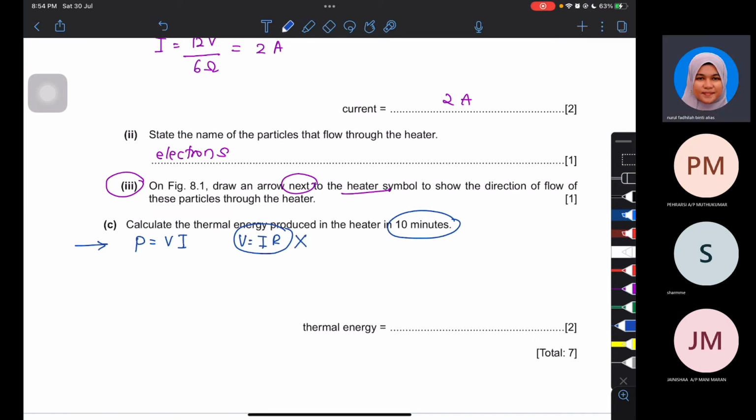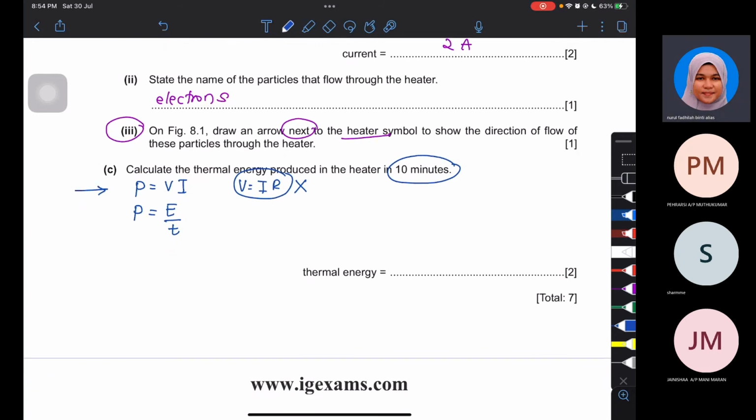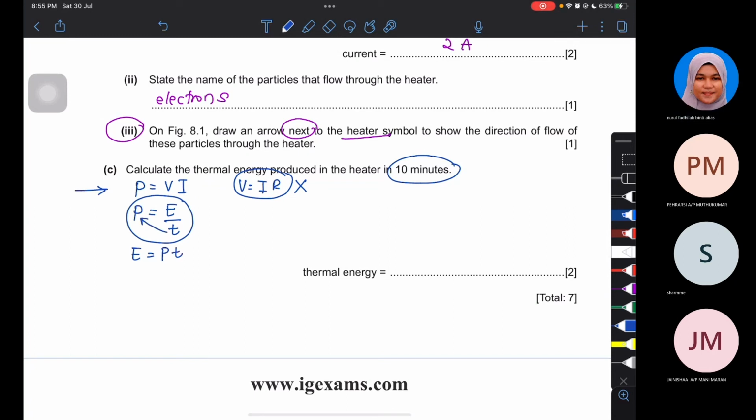And then you tahu tak ada formula power equals to energy over time. Betul tak? Okay, and then daripada sini, kita boleh dapatkan energy. Ni you rearrange this formula. E equals to P times T. Jadi when P times T, so kita ambil balik formula tadi.